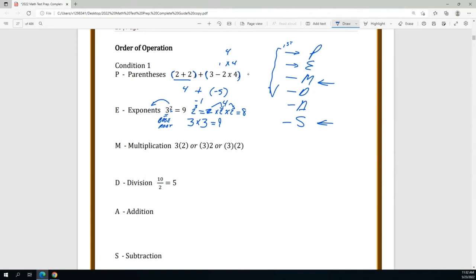Multiplication. This is the style of doing multiplication with algebra. We need to get used to seeing it like this. More of your math is going to look like this and not like this. So with multiplication in algebra, you will have a number and then maybe slammed up against another number with parentheses. This says 3 times 2.